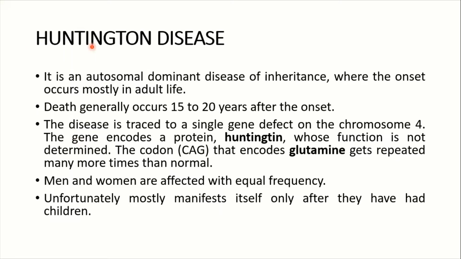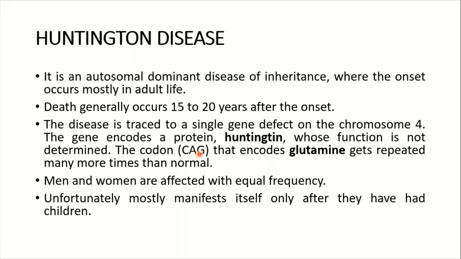Then is the Huntington disease. It is an autosomal dominant disease where the onset occurs mostly in adult life. Death generally occurs 15 to 20 years after the onset. The disease is traced to a single gene defect on chromosome 4. The gene on chromosome 4 encodes a protein called Huntingtin, whose function is not determined.